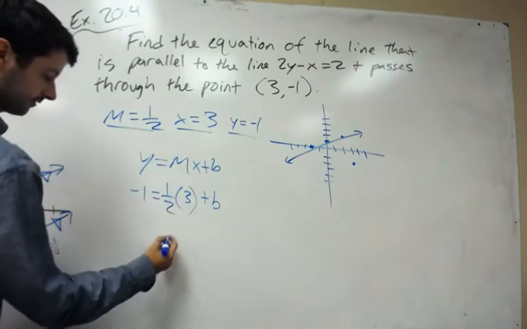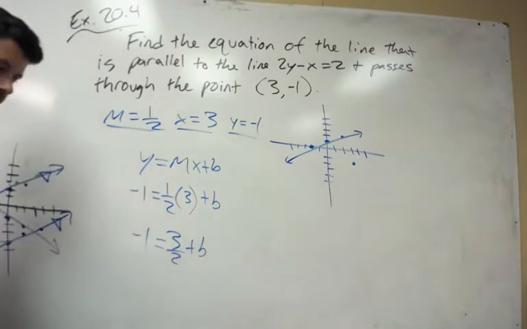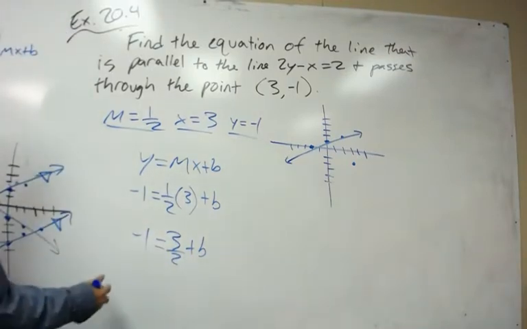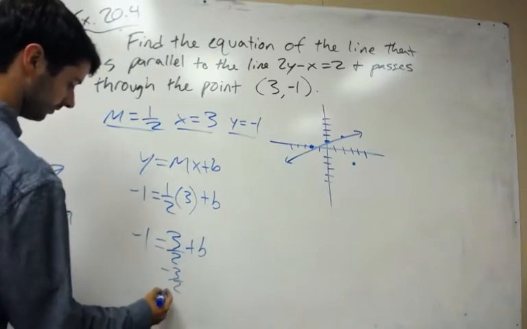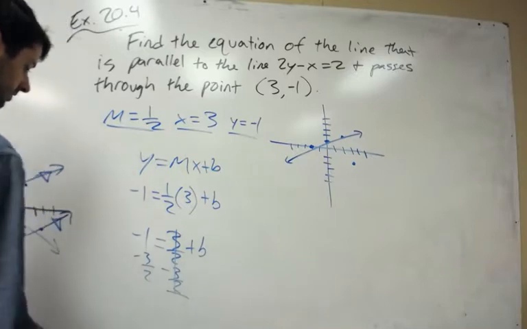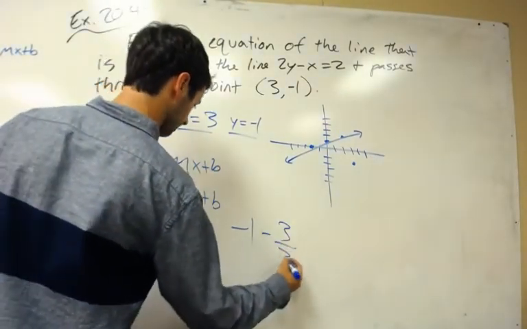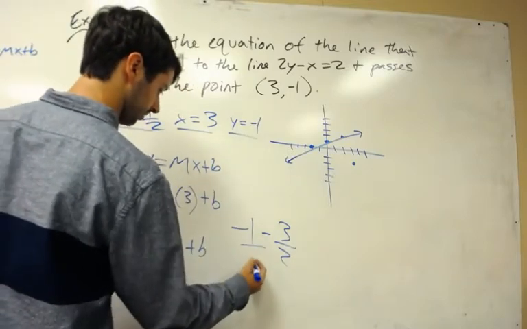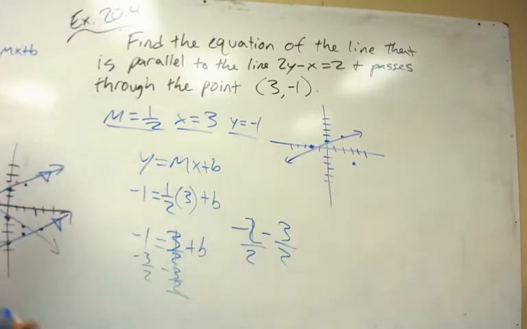3 times 1/2 is 3/2. Subtract 3/2. So negative 1 minus 3 over 2. Multiply this by 2, turn it into 2 over 2. Negative 2 minus 3 is negative 5.